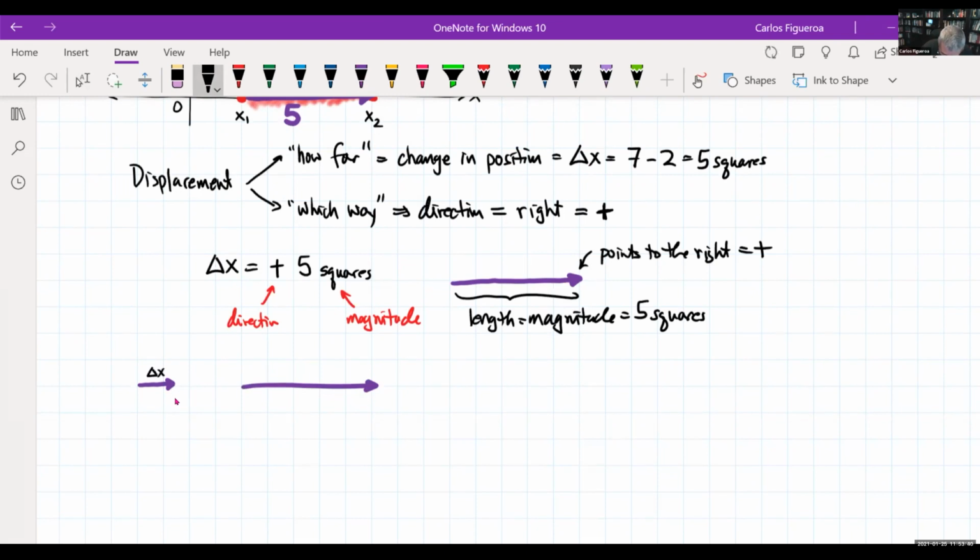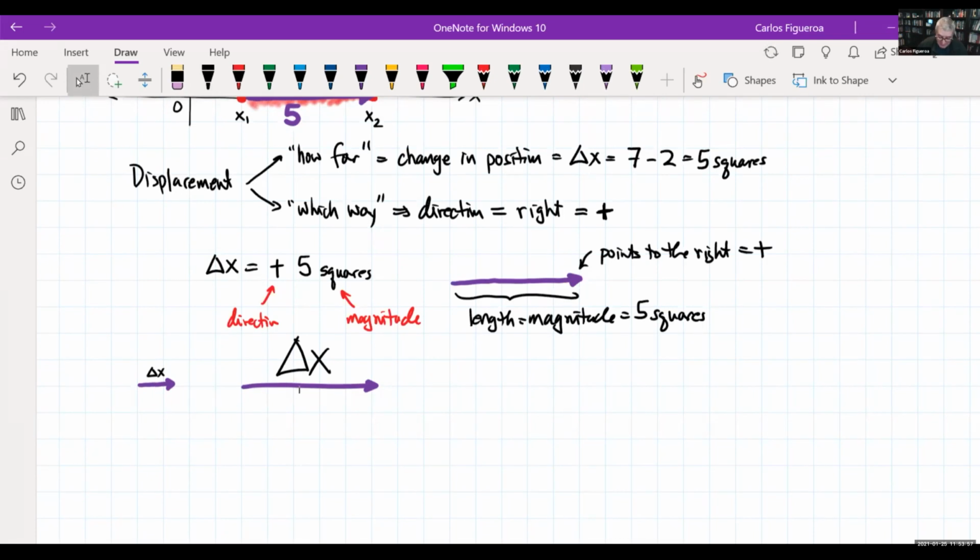I'm going to draw a little x. And then if I have a long one, I'm going to exaggerate so my displacement is bigger. So that's how I'll do that to communicate that piece of information.